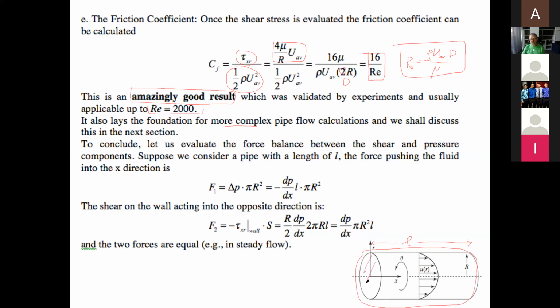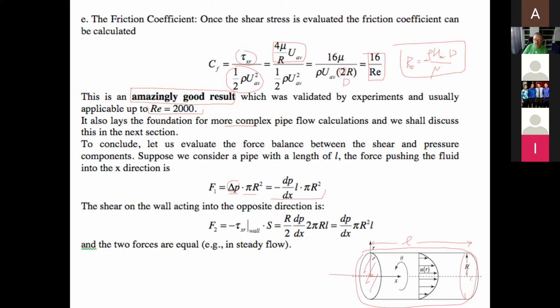I can look at the pressure gradient in one side against the other. So delta P times the area, which is pi r squared. How much is delta P? It is dP dx times L. I just called it delta P, forget about the minus, but it's high to low. So that's the force which is pushing the flow that direction.